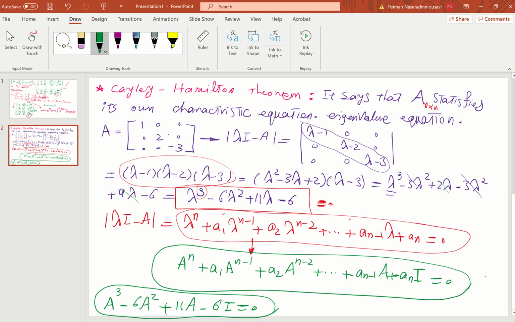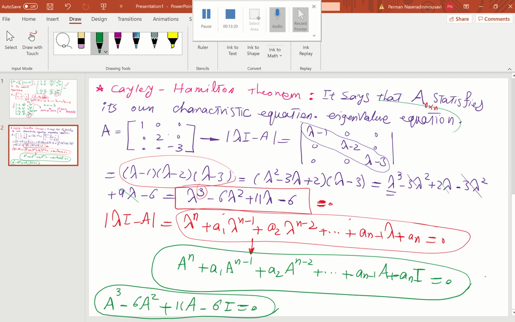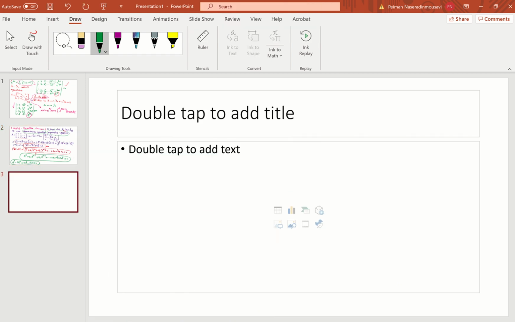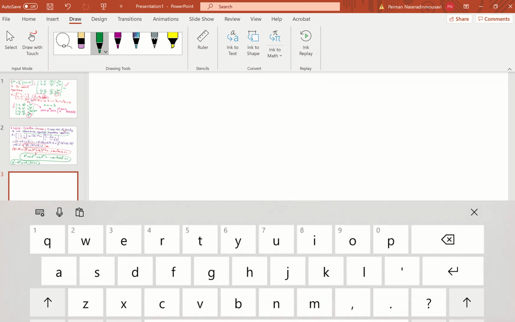Now, hold on. The question is: I told you that you can name the eigenvalue equation the characteristic equation. It has a reason, guys. This goes back to undergraduate control. Let me refresh your mind.